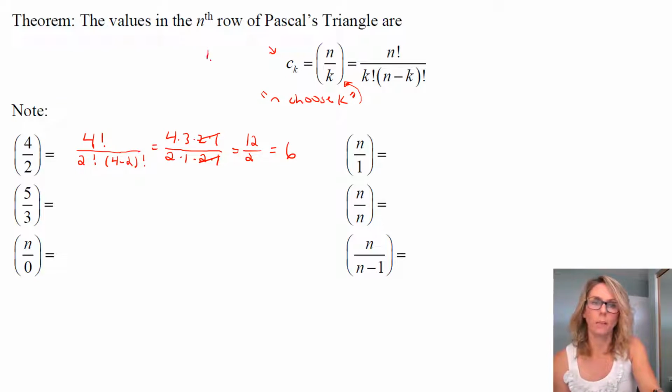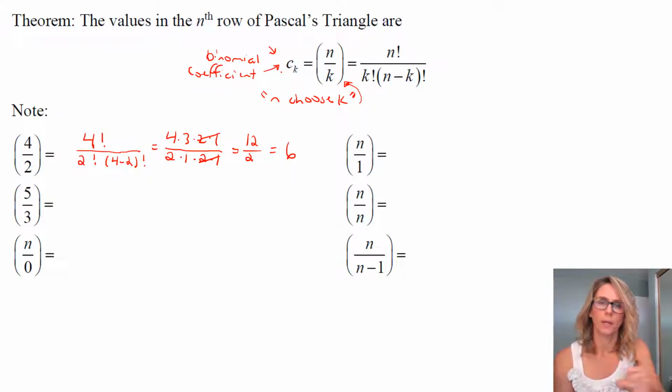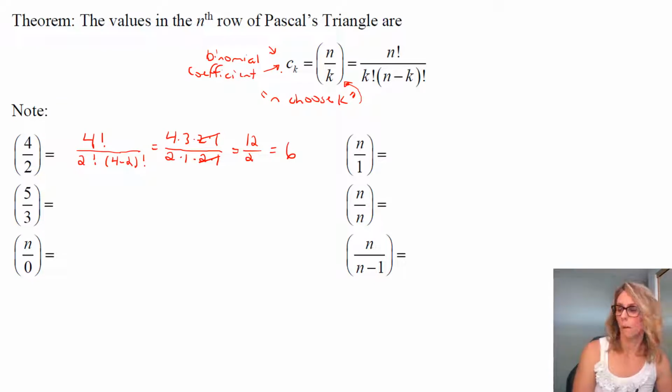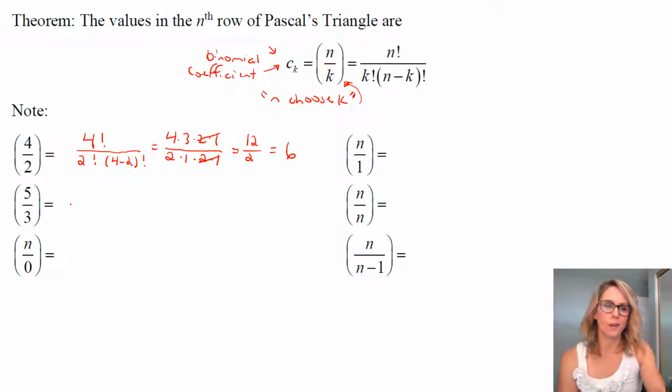Specifically, it's the binomial coefficient. That's what we're talking about here, the binomial coefficient, the number in front of those terms in using the binomial theorem. So if you want, you can pause if you're kind of with me here on this. You can pause and you can try and see if you can come up with the other values here, these other examples.